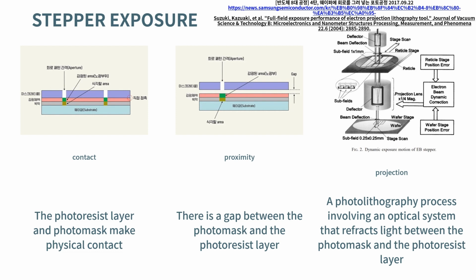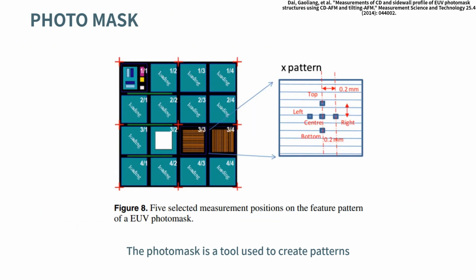It combines the advantages of both contact and proximity exposure. The EUV equipment from ASML, which we'll discuss later, uses a reflective mirror and reflective photomask for exposure, making it a form of projection exposure. Before I explain the development process, let us briefly describe what a photomask is.